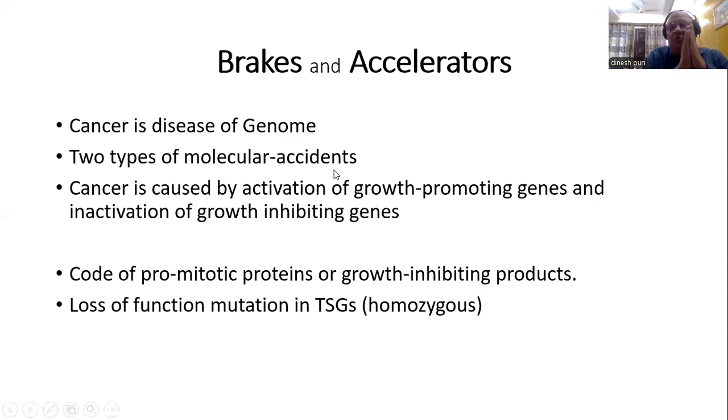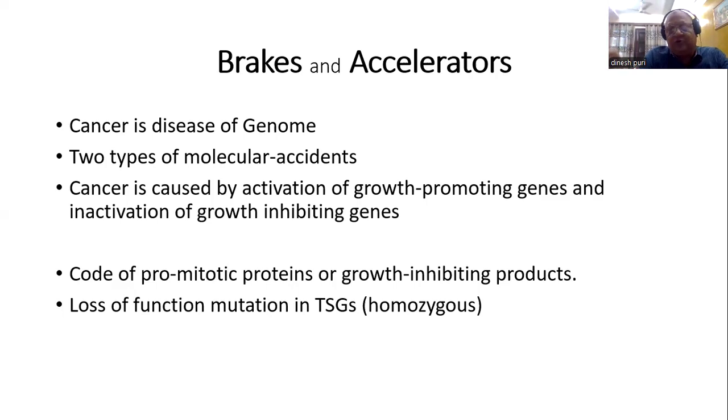So all of you know that cancer is a disease of the genome. There are two types of molecular accidents which can alter the genome in such a way as to lead to cancerous transformation.